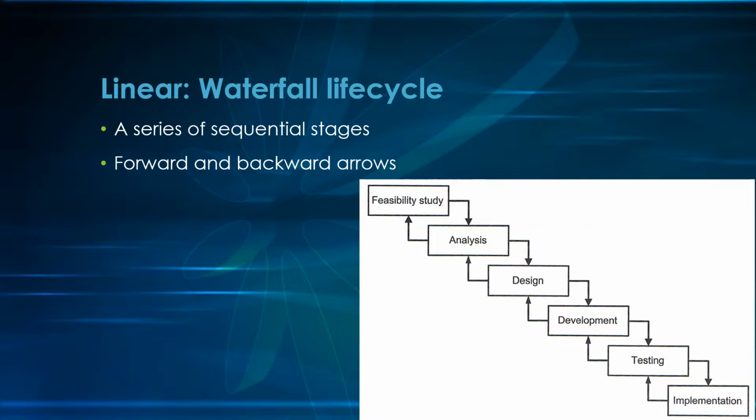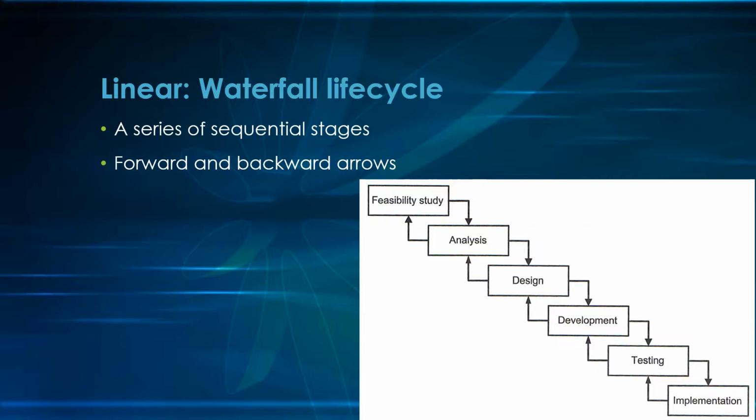So here we're looking at a typical linear approach, which is the waterfall life cycle. This is the original approach which has been taken. Development proceeds through a series of sequential stages. Each stage is reviewed and signed off before the next starts.